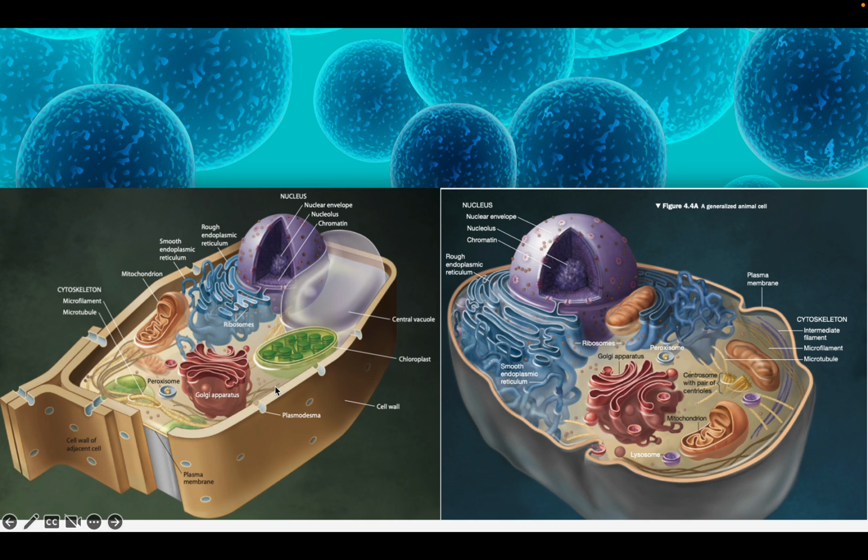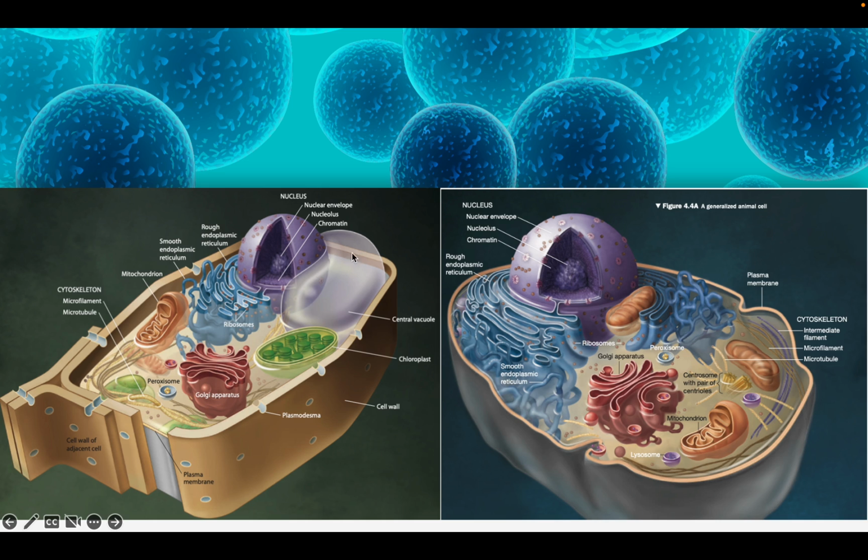We also have vacuoles. This one. Vacuoles are large membrane-bound sacs that store substances such as water, nutrients, and waste products. They are more prominent or bigger in plant cells but can also be found in some animal cells, smaller in size.